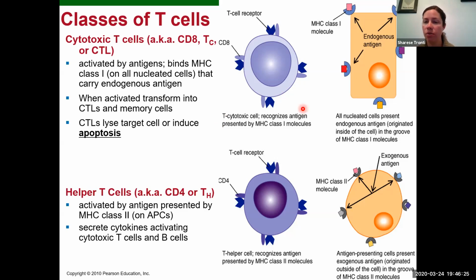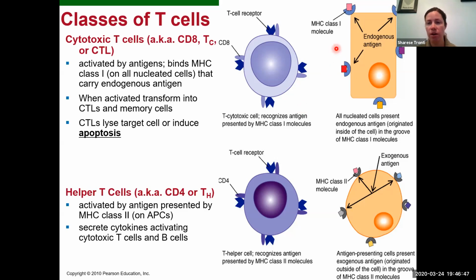Now to understand how this happens, we have to go back to MHC class I. So remember, MHC class I were presented on all cells. And they are showing that they are part of the self. So normally MHC class I molecules are saying, this is me, I'm healthy, don't kill me.